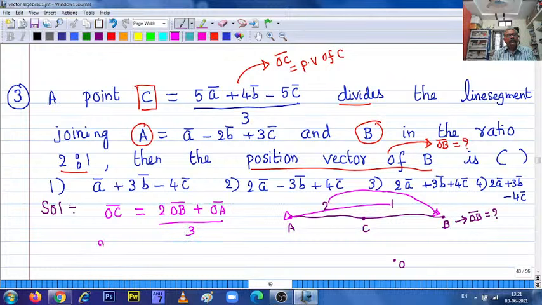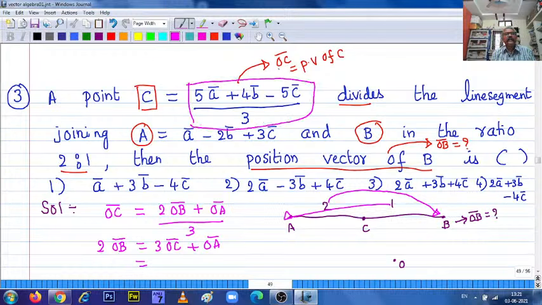Cross multiply. 2 times OB bar is equal to 3 times OC bar minus OA bar. So 3 times OC bar, already OC bar is given, is 5A bar plus 4B bar minus 5C bar. This is OA bar, the position vector of A, that is A bar minus 2B bar plus 3C bar.